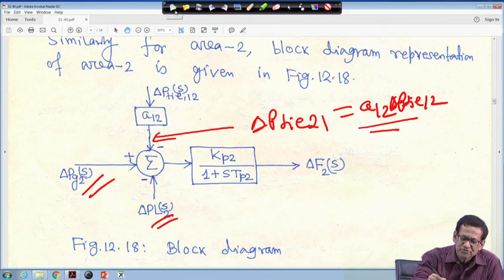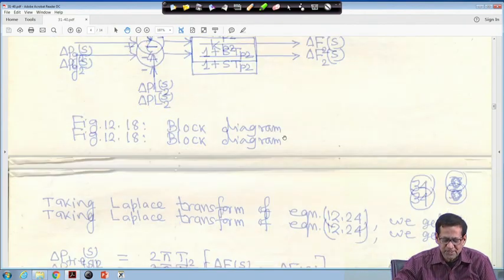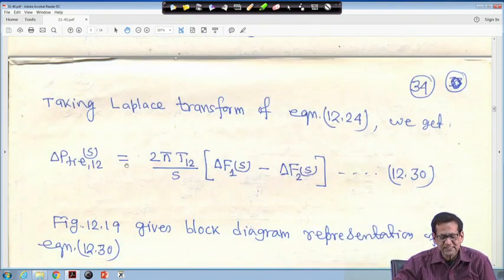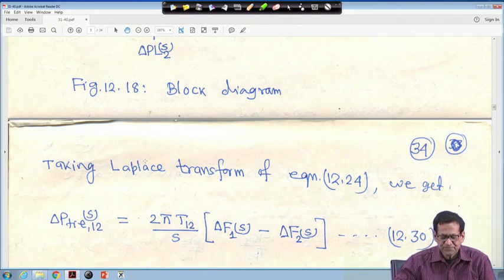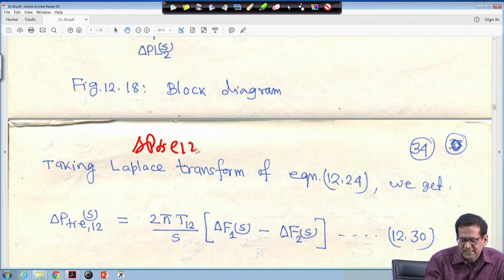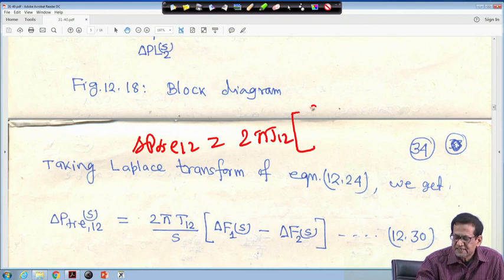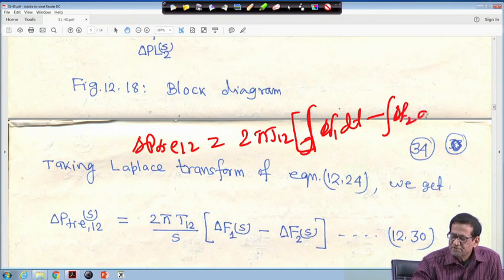Now, if you make the complete block diagram for the two area system, another point is the tie power. We know that delta P tie 1-2 that we have seen is equal to 2 pi T12 times the integral of delta F1 dt minus the integral of delta F2 dt.